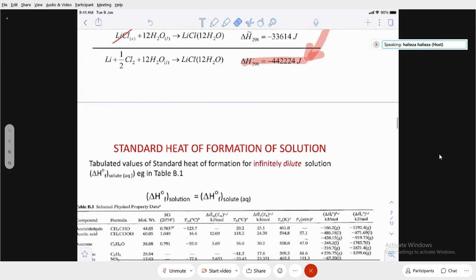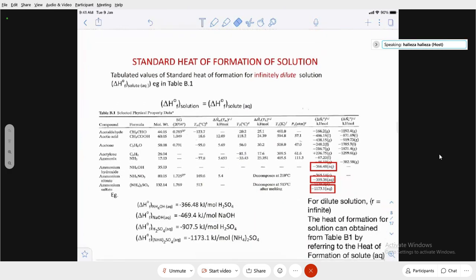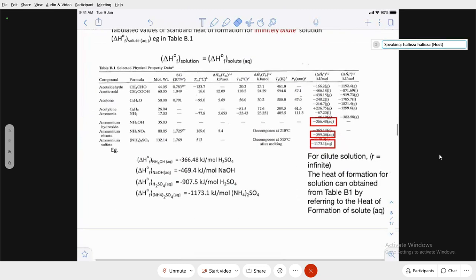Before that, the heat of formation of the solution you can also get from appendix B1, like I listed just now. This is one of them.